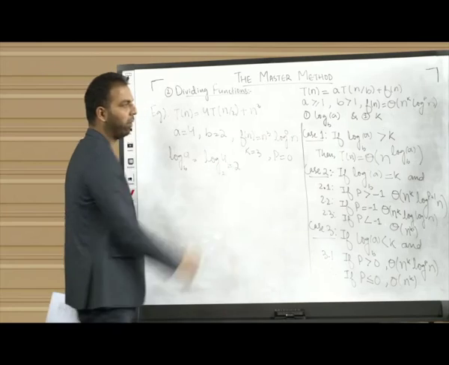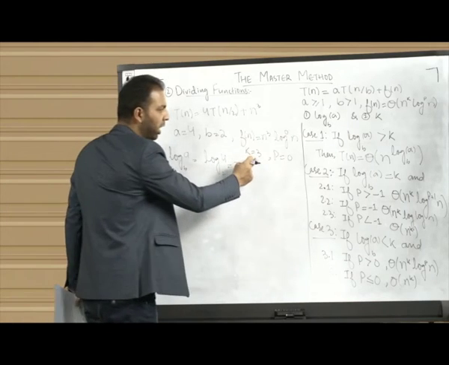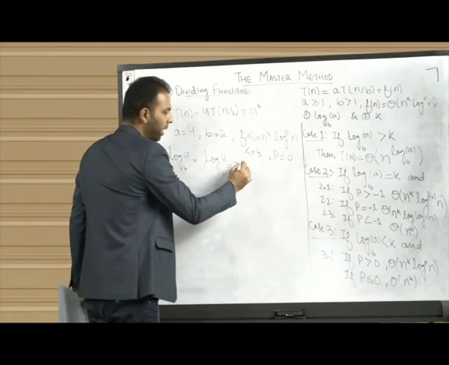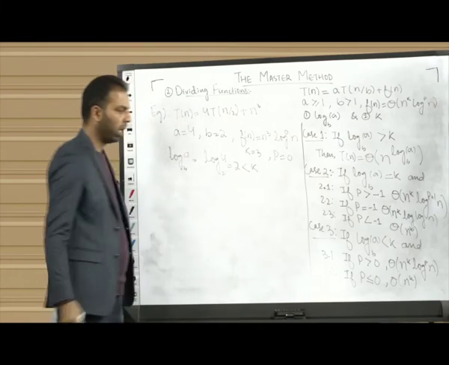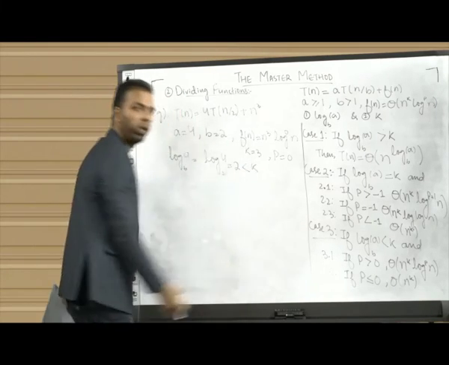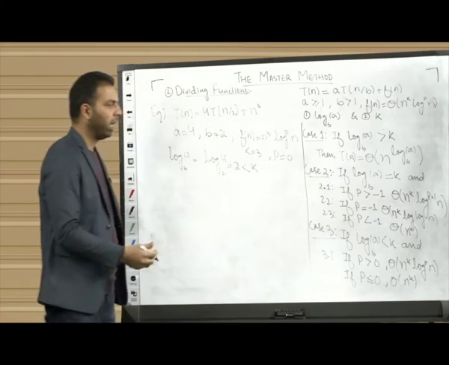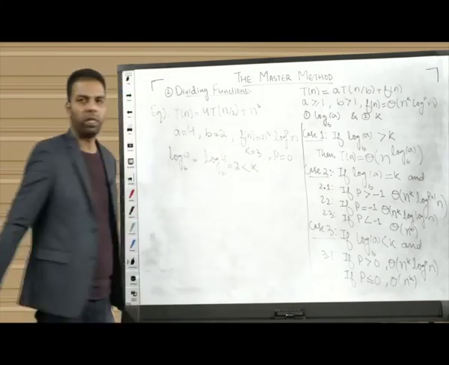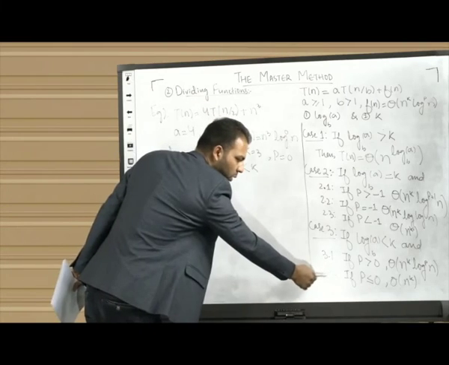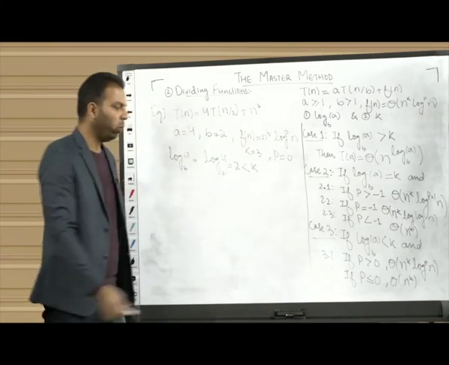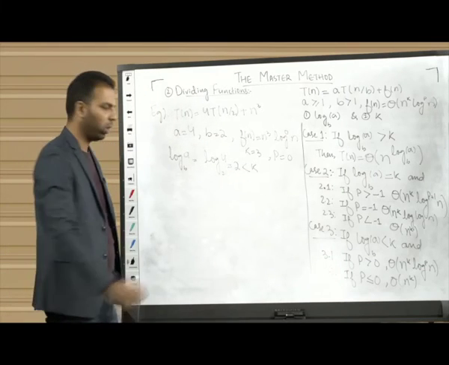Now we compare it with k. K is 3, so it is less than k. If it is less than k, we go to case 3. In case 3, we look at the value of p. Now p is equal to 0, so we focus on case 3.2, when p is less than or equal to 0.